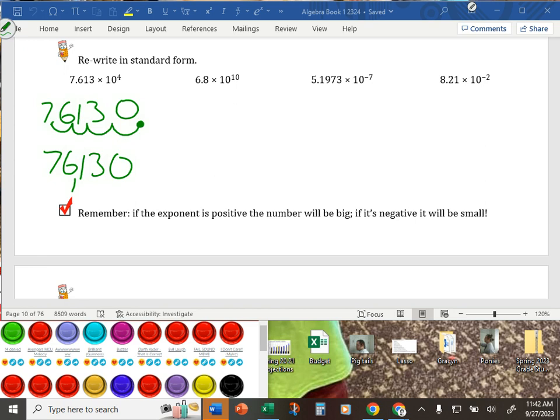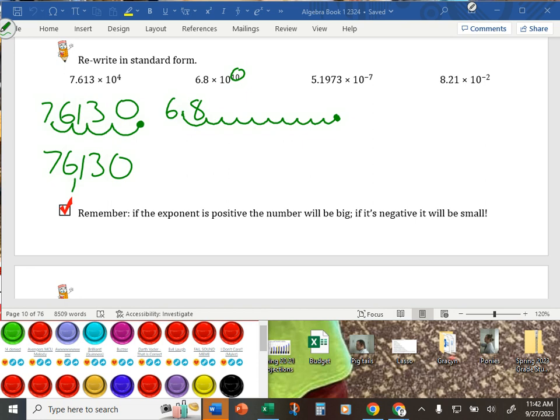Okay? So 6.8 times 10 to the 10th is going to be big. That positive power tells us that. How many times and which direction? We move 10 to the right. That positive power tells us it's to the right. The number 10 tells us 10 times. So here we go. 1, 2, 3, 4, 5, 6, 7, 8, 9, 10.